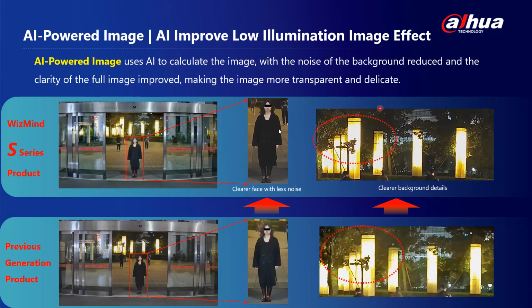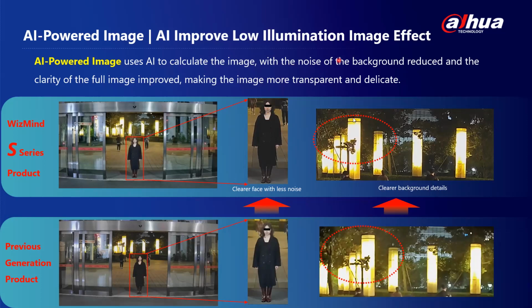If you take a look at this, the image captured for this person has a clearer face with less noise. The electrical signals that distort the image have been removed completely because it supports the AI 3DNR function.